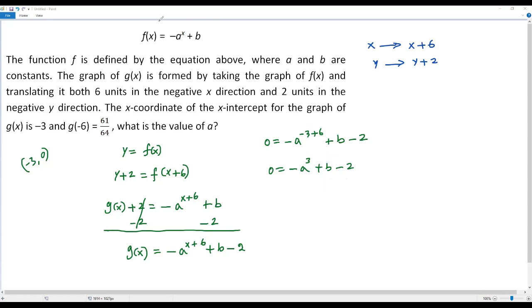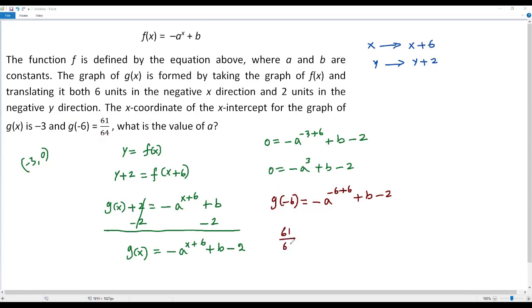How do I have to find the value of b? For that, we can consider this information: g of -6 equals 61 over 64. Here we have -6 in the place of x. Now what we can do is plug in this -6 for x. Then I'm getting g of -6 = -a^(-6+6) + b - 2. And we have a value for g of -6, that is 61 over 64.